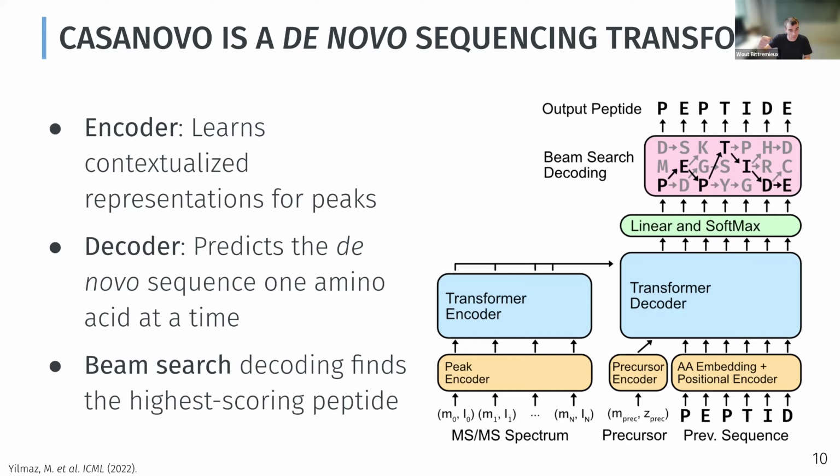We use the typical sinusoidal encoding approach, as in the original transformer paper, to represent these values in a little bit more granularity. And so that is then used for both the peaks in a spectrum as well as for the precursor mass and charge.